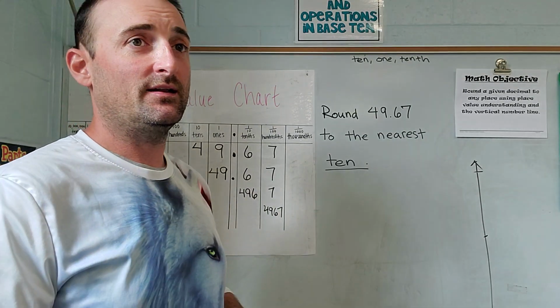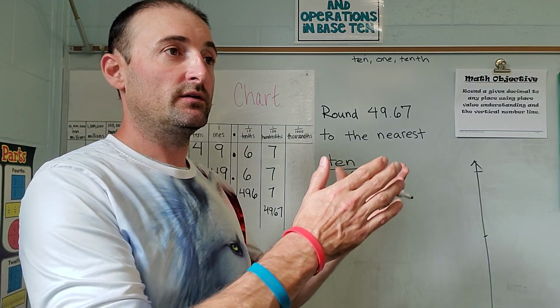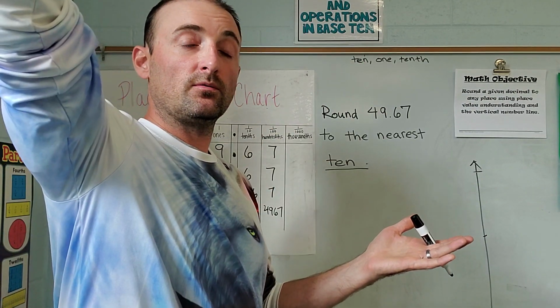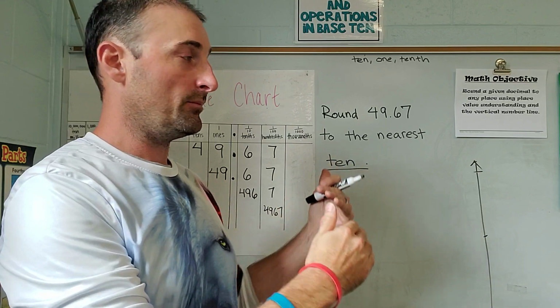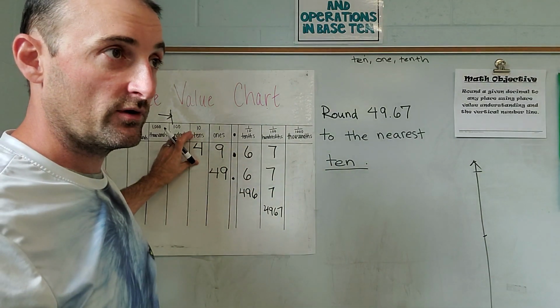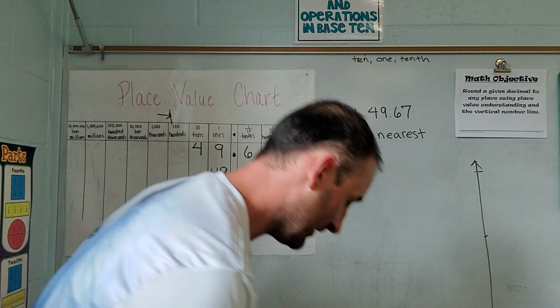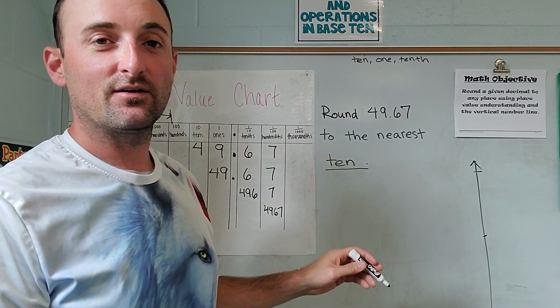If we have 4 tens, that tells us that our number is going to either be rounded to 40 if we're rounding to the tens, or it's going to round up to 50. It's always going to be between the number of tens we have here, 4, and the number of tens that we might be able to get to, which is 50.